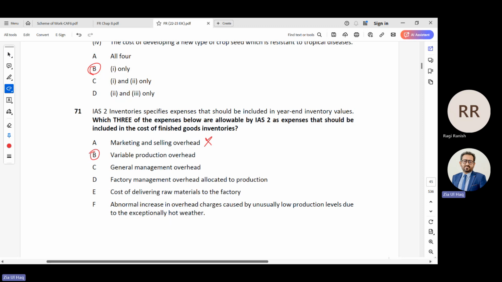Yes. General management overheads? No, these are admin. Factory management overhead allocated to production? Yes. Cost of delivering raw material to the factory? Yes. Abnormal increase in overhead charges caused by unusually low production level due to the exceptionally hot weather? No, abnormal loss is not included.